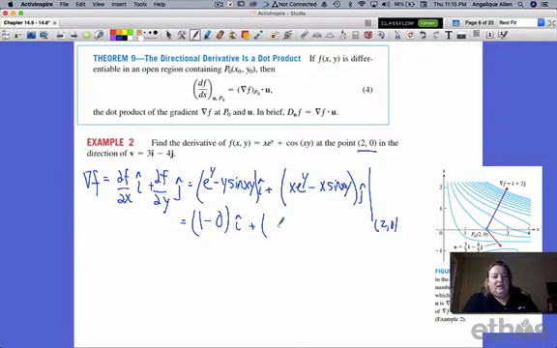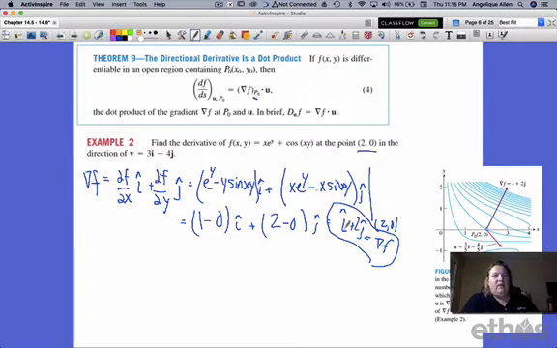And then x is 2, and e to the 0 is 1, so 2 times 1 is 2. The sine of 0 is 0, so that's going to be minus 0j. So our gradient vector is i plus 2j, equals gradient of f.